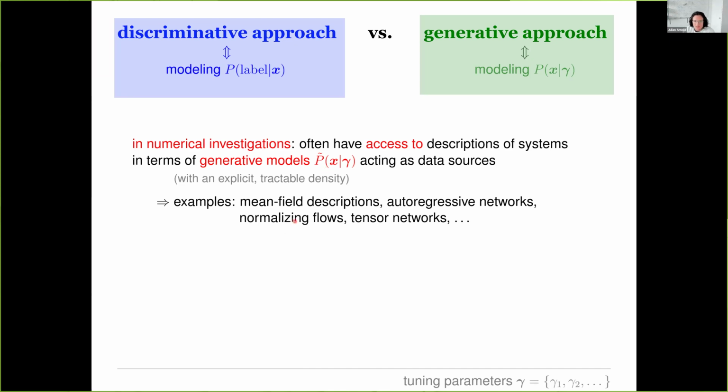So examples of that are mean field descriptions, autoregressive networks, which are used, for example, to model both classical and quantum lattice systems, normalizing flows, which are typically used to model continuous variable systems, as well as tensor networks. So all of these are examples of generative models with an explicit tractable density.